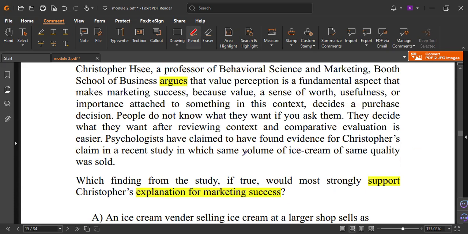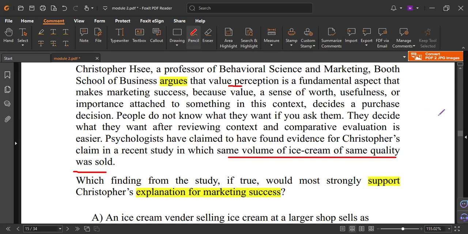Yes or no? Yes. Here the same volume of ice cream of the same quality was sold. Does it make sense? Yes. And he said here value perception is a fundamental aspect that marketing success decides the purchase decision.